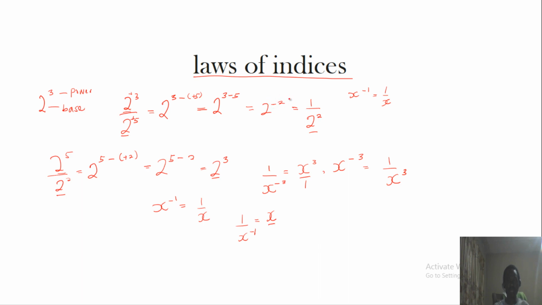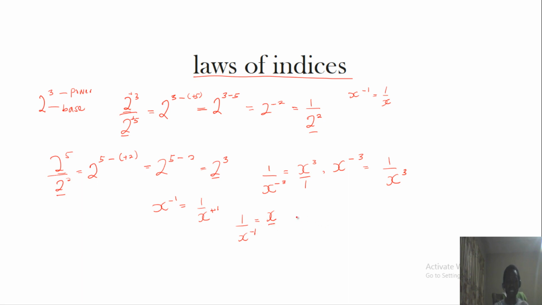What will happen to the power? The power will change from minus to plus. It's changing from minus 1 to plus 1 when you have it as 1 over x raised to the power 1. But when you have 1 over x raised to the power minus 1, that will give you x.